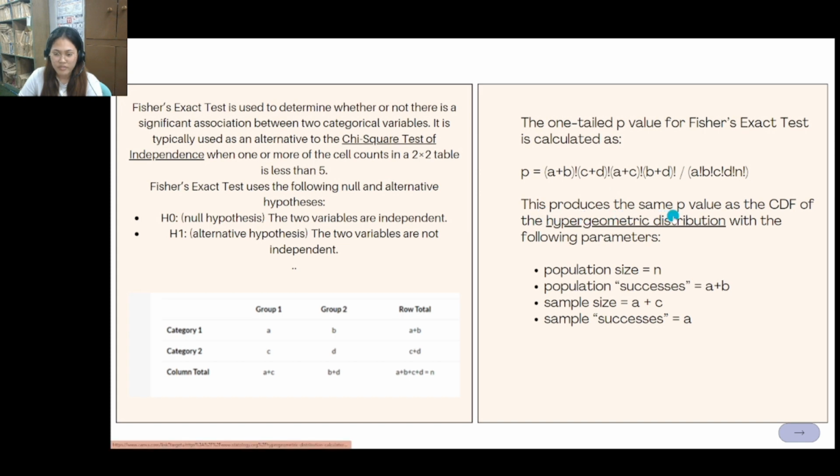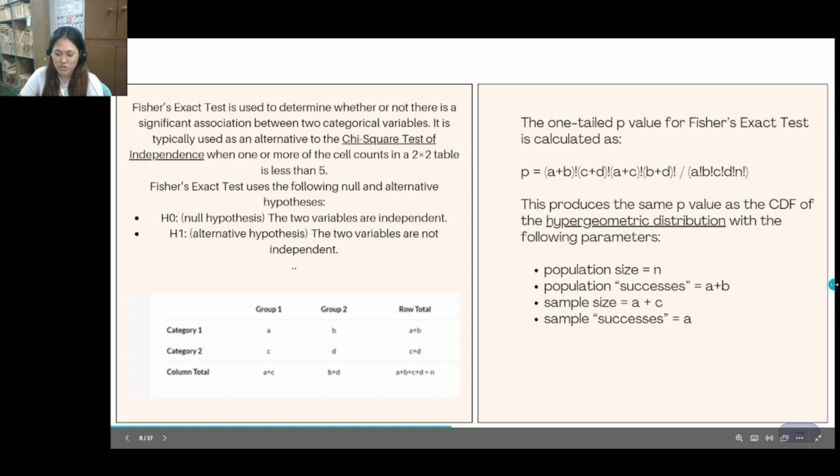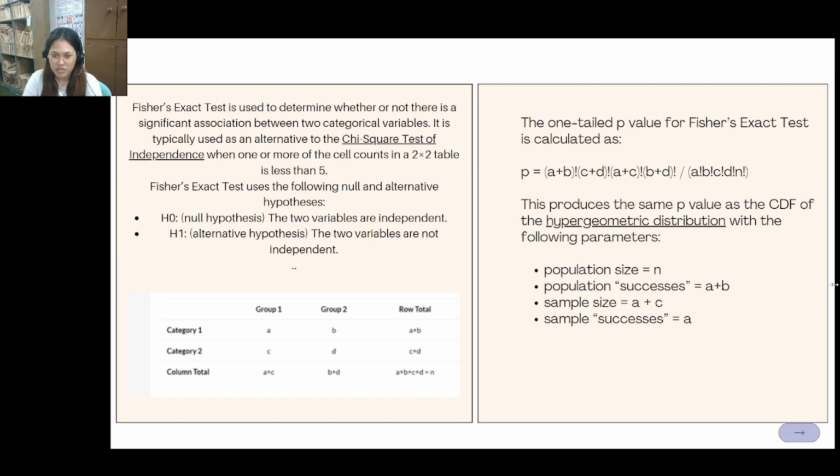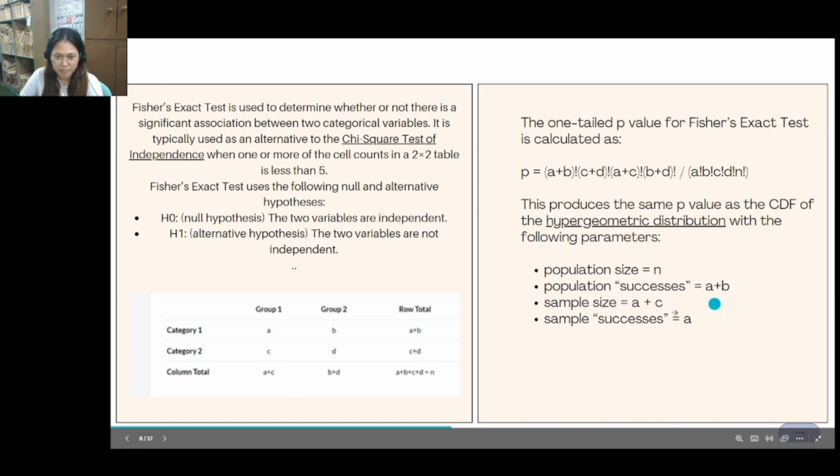This produces the same p-value as the CDF of the hypergeometric distribution with the following parameters. The population size, which is the n, population successes is equal to a plus b, sample size is equal to a plus c.